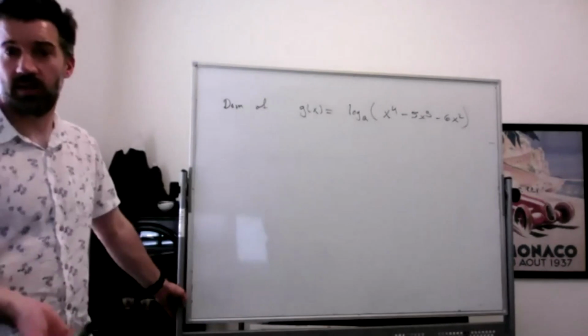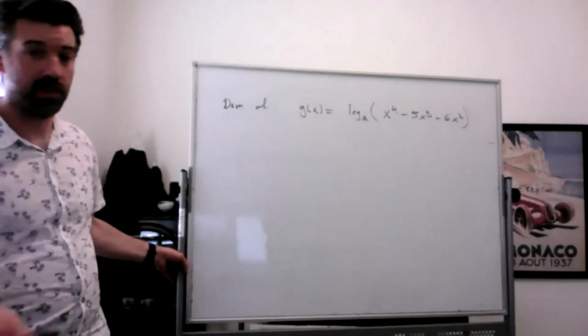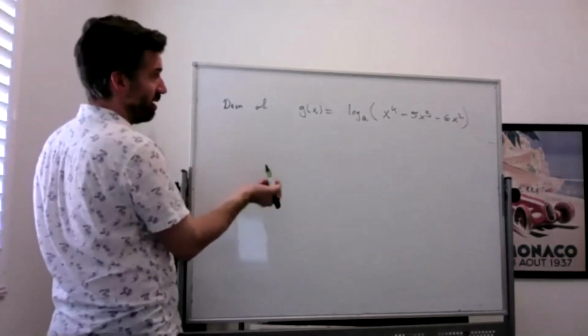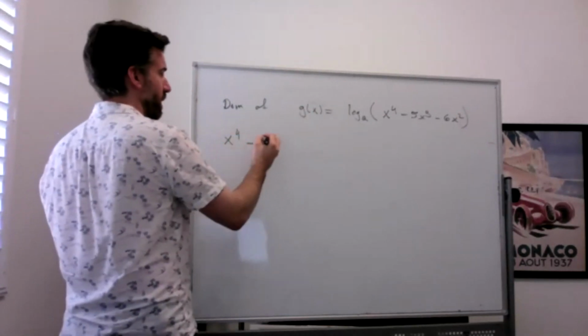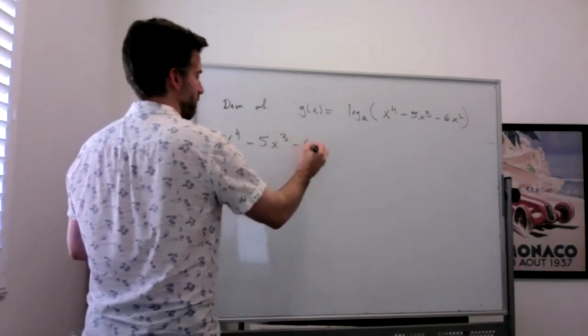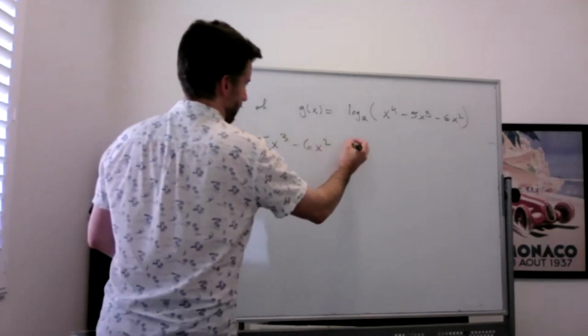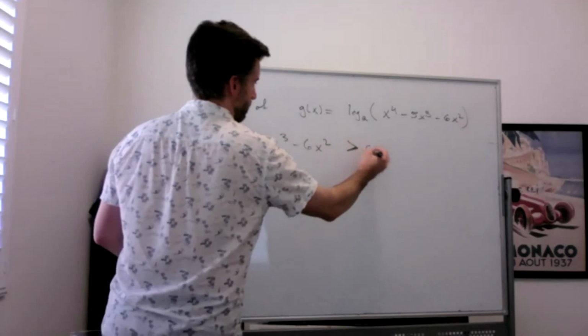And if we saw a question like this, our first step would be to say, okay, well, I know that the inside part, x to the 4th minus 5x cubed minus 6x squared, has got to be greater than 0.